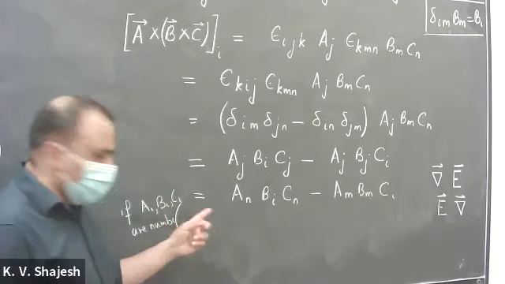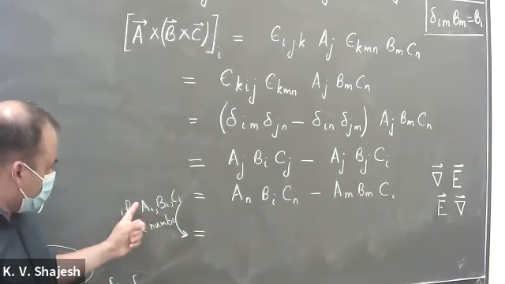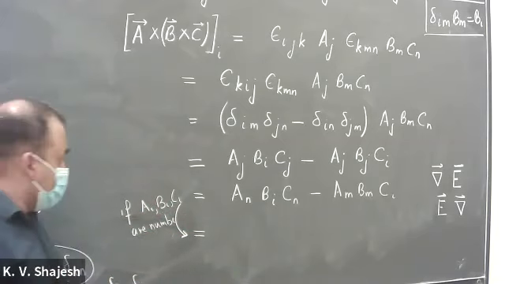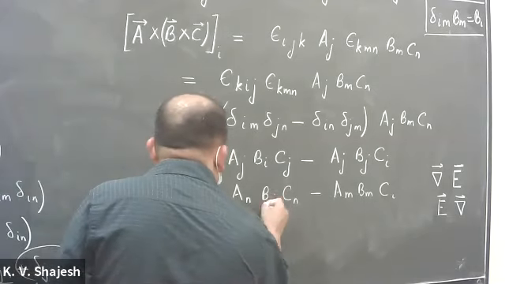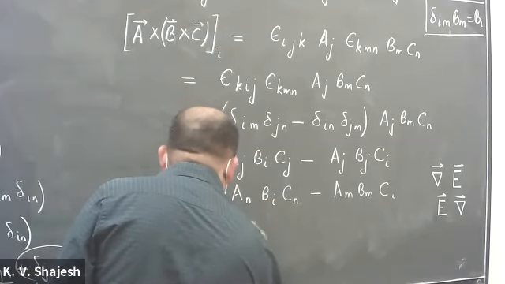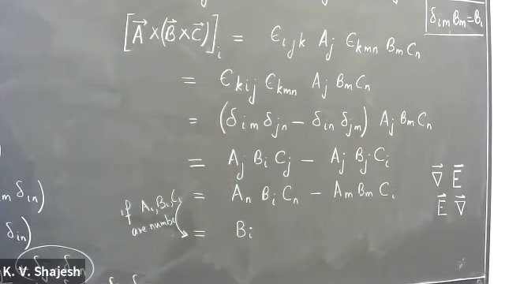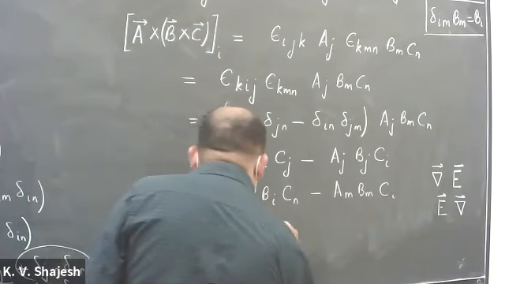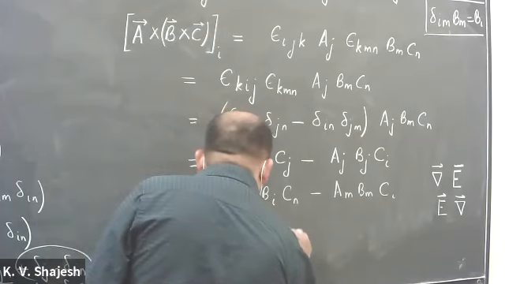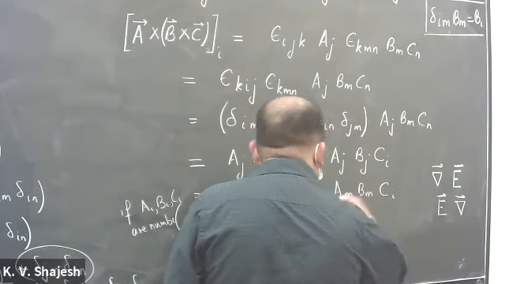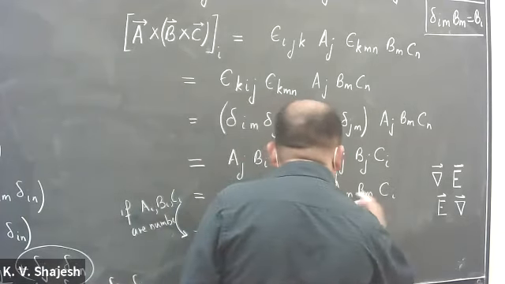And when I write AI, BI, CI, I mean the ith component of A, the ith component of B. I can use any index, right? If you can move things around, then you can write this as BI times A and CN minus, if you want, I'm moving AB now, right?